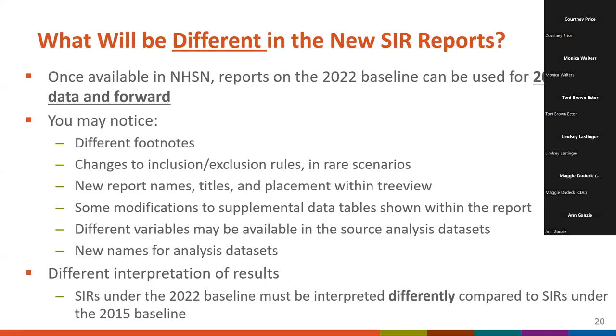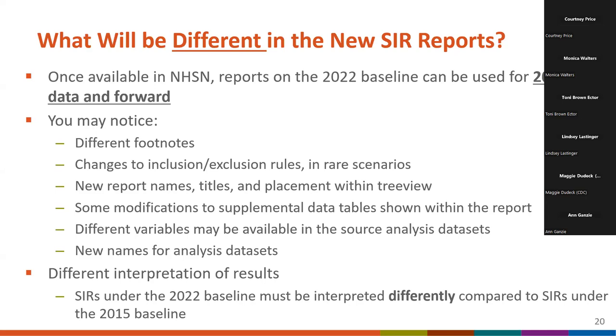There are a few other differences you might notice in the new reports. There will be some different footnotes. There may be some changes to the inclusion or exclusion rules in some rare scenarios. You'll also see new report names and titles. There will be a new placement within the tree view that I just showed you for those new reports.